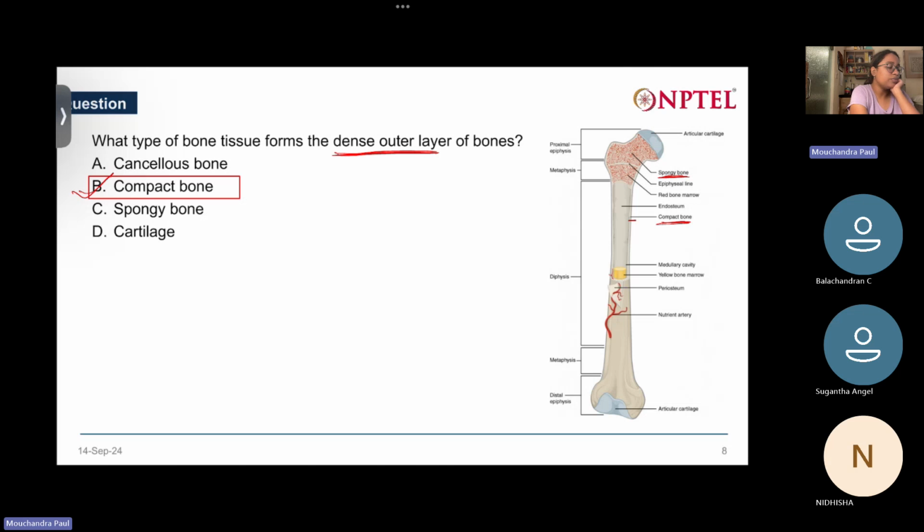So it's compact bone first, then a layer of spongy bone, and then again a layer of compact bone. In this way, the structure of the bone is very well protected.